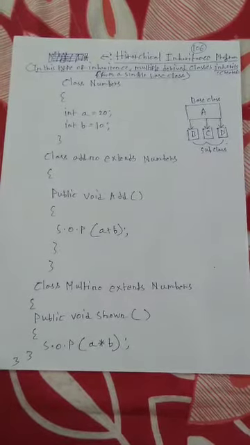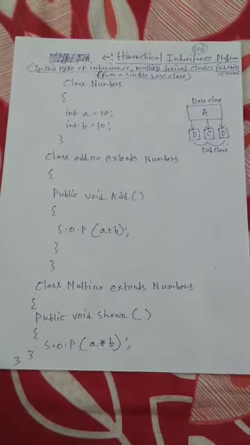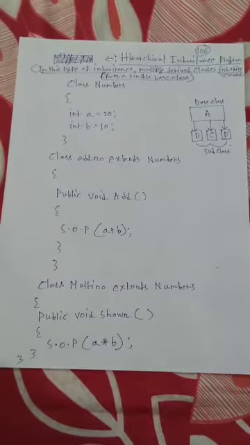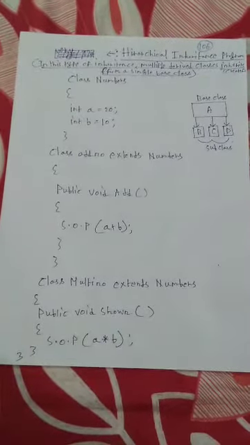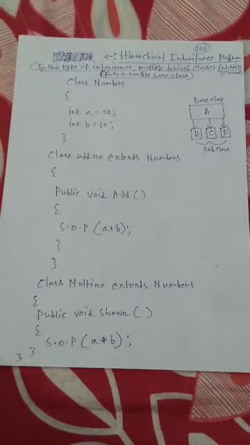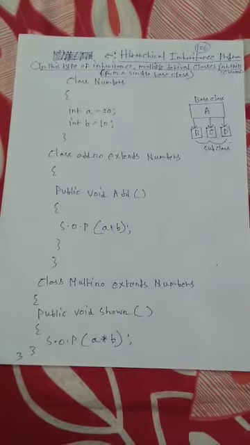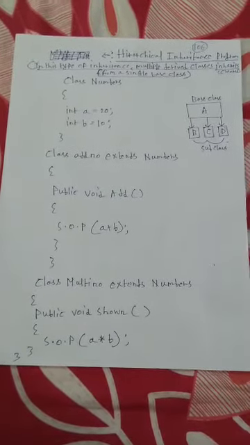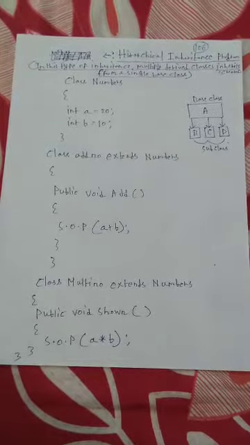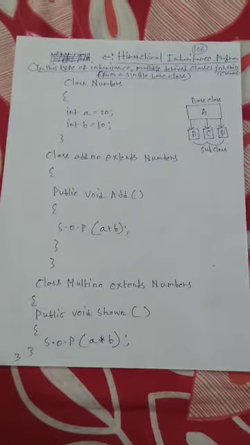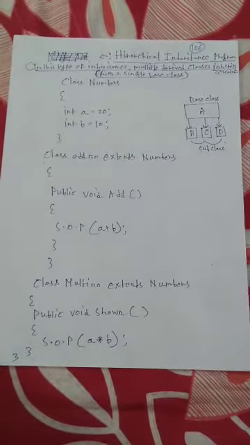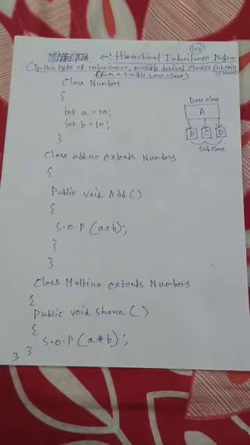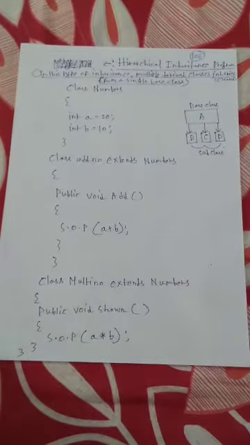Here we take a function public void add, where we share the addition result of a plus b, adding these two variables from the parent class. Then class MultipleNumber extends Numbers, and here another function, void show, will be taken, and here we multiply the two variables coming from the parent class, a into b.